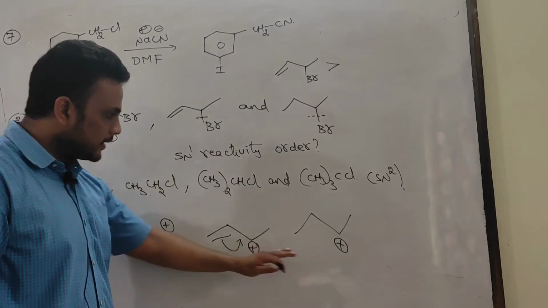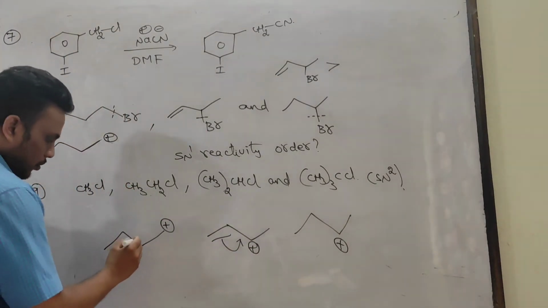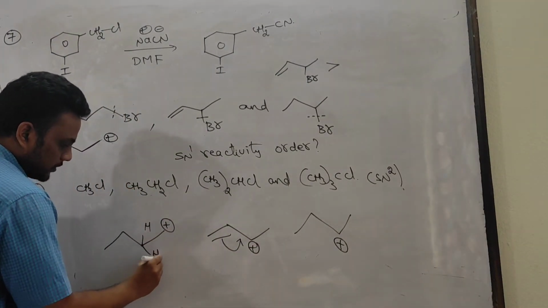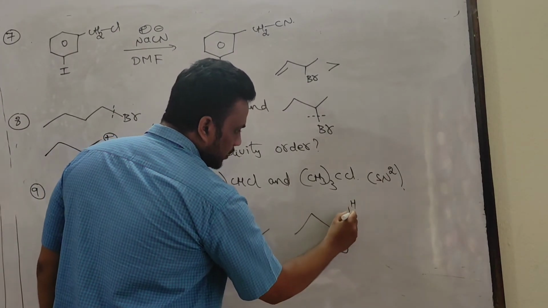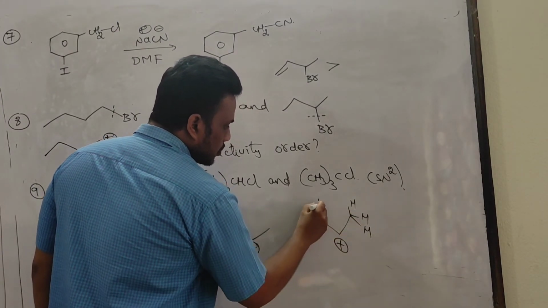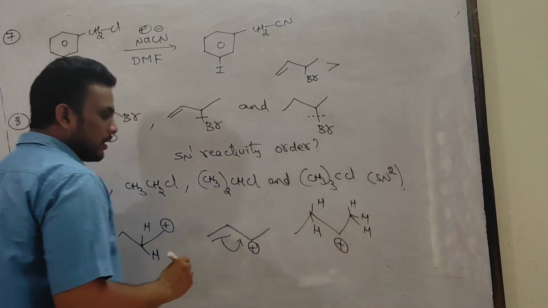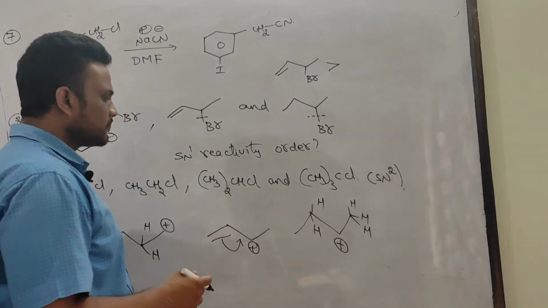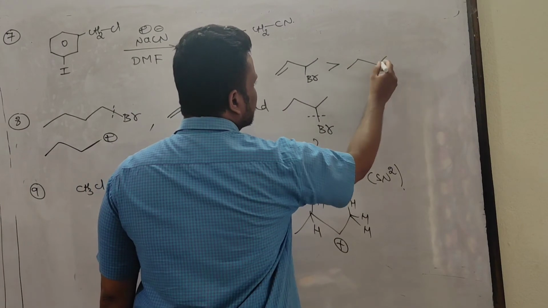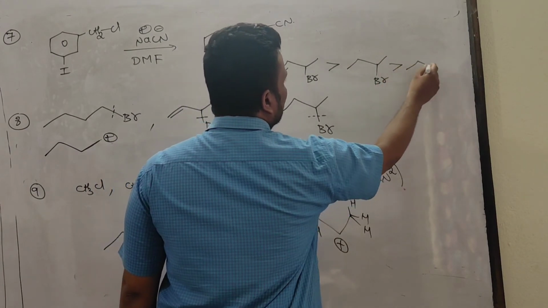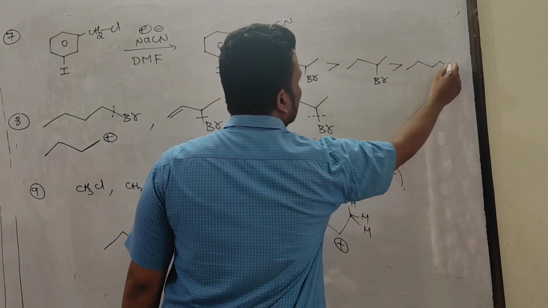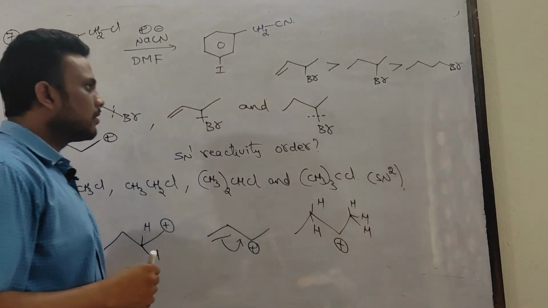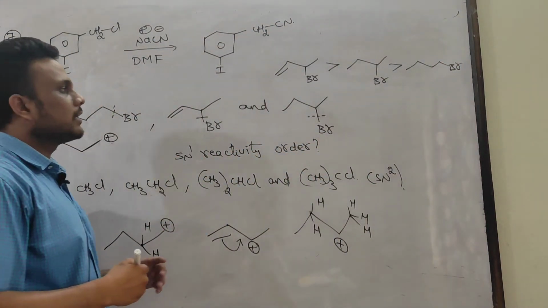After that you compare these two. This one has only 2 alpha hydrogens and this one has 3 plus 2, 5 alpha hydrogens. So primary is always less stable than secondary carbocation. So it should be second most reactive and this should be least reactive. So allyl one is always most reactive.